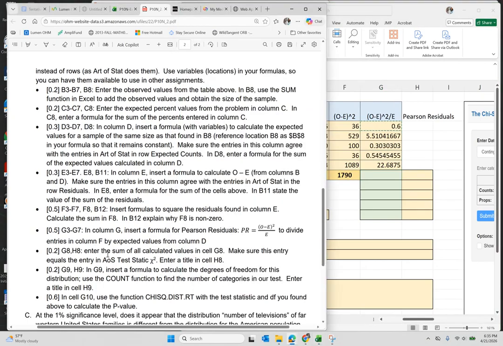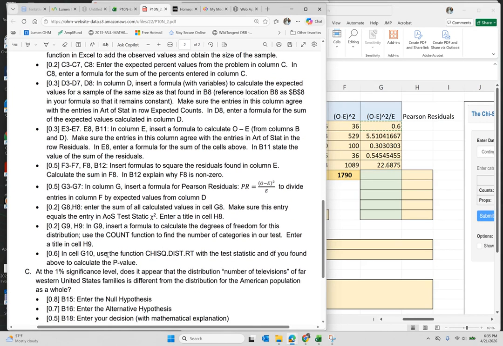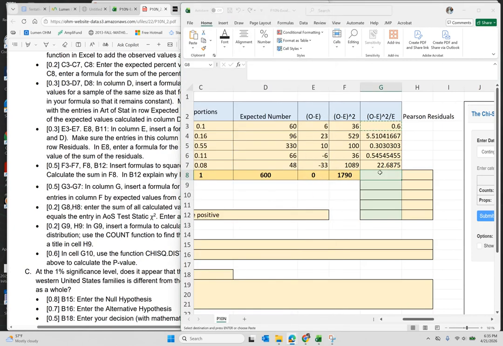And in G8 and H8, I'm going too fast. In G8 and H8, I want to enter the sum of all the calculated values in cell G8. So here I'm going to say equals the sum of the Pearson residuals that are right above me.